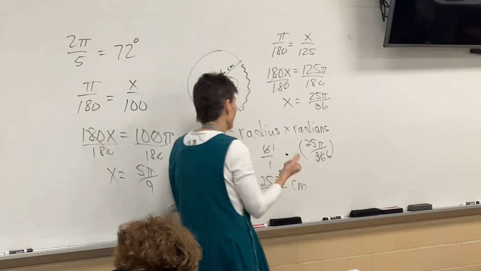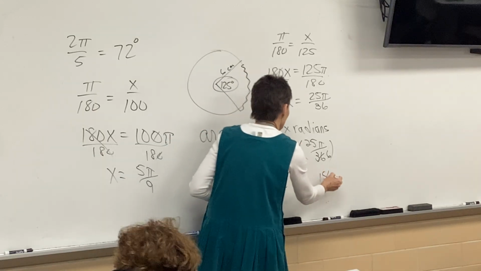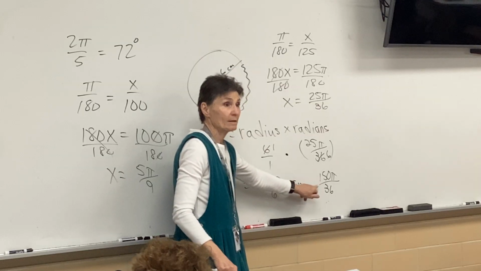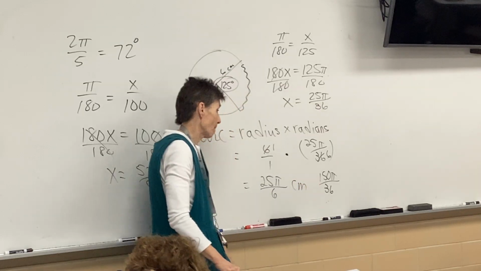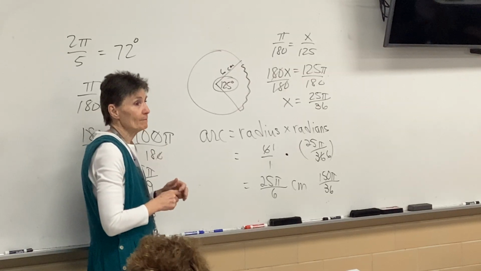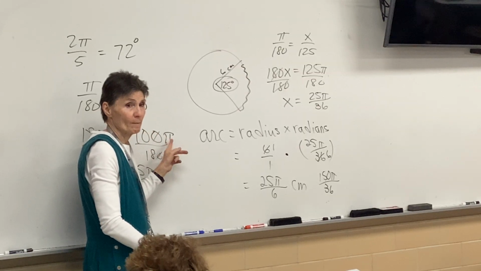You could also multiply straight across and get 150 pi over 36, but then you would have to reduce that. All right, that's a 2-step problem.